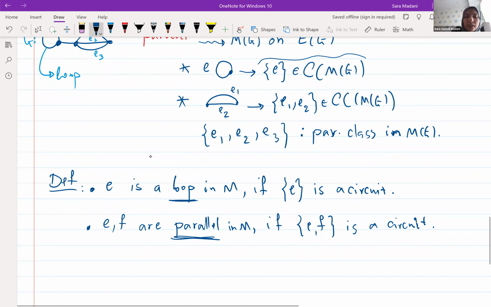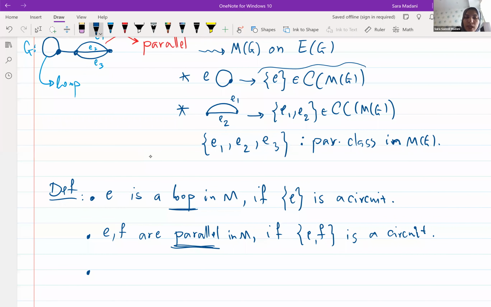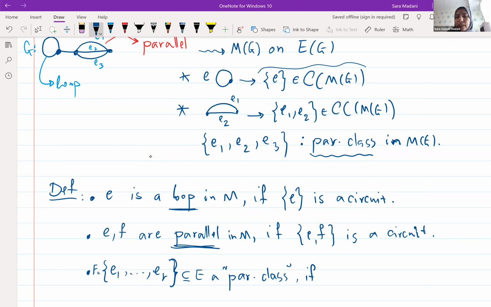And finally, let's see what the parallel class is. If we have, let's say F, E1 to ER, a subset of E is called a parallel class if it is maximal with respect to the properties that I write here for you.